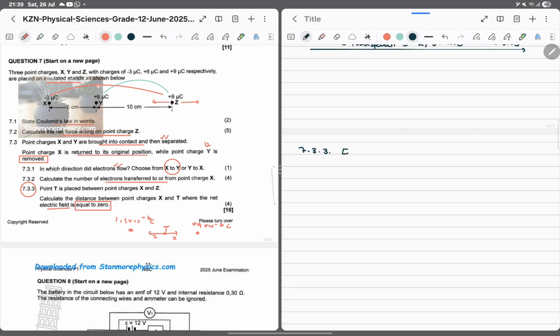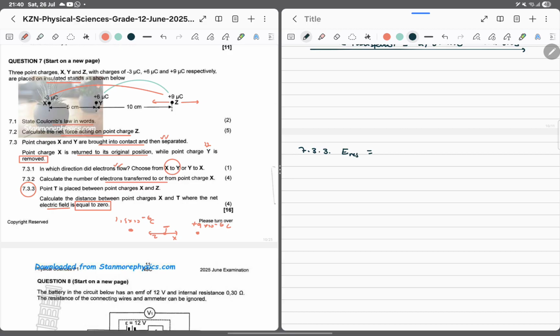Is it capital letter E? I think so. The electric field is going to be equal to, well, I don't know which one is big and which one is smaller. Nobody cares at this point. All we know is that these are opposing fields.